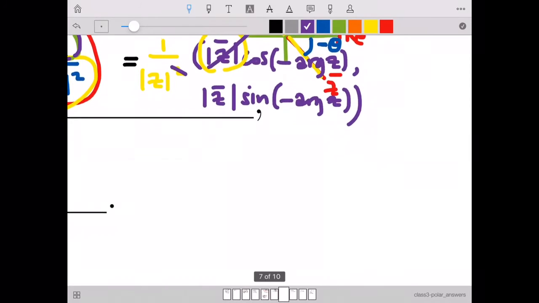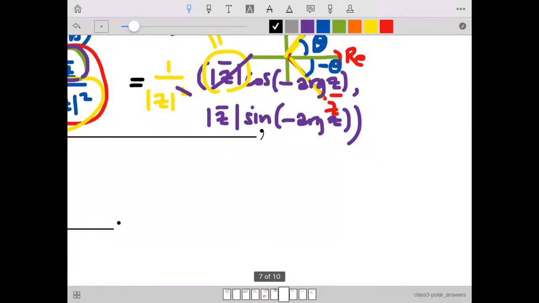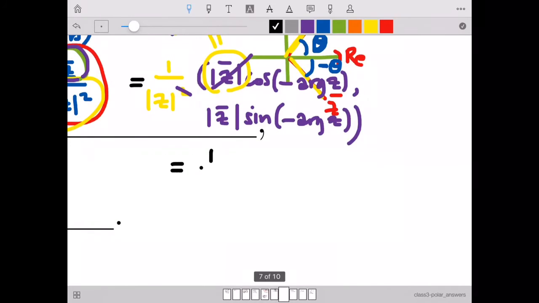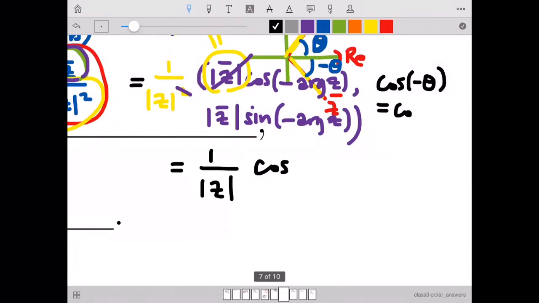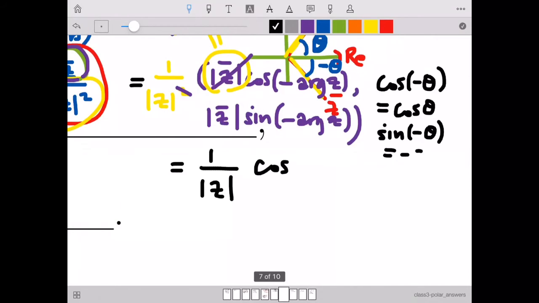So we're left with 1 over absolute value z times (cosine of minus theta, which is cosine theta, comma, sine of minus theta, which is minus sine theta).